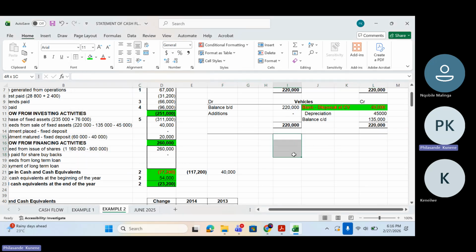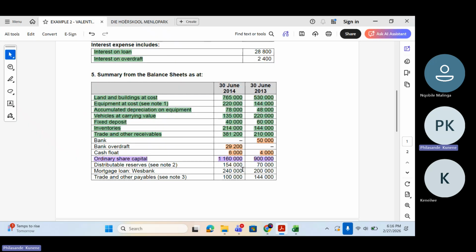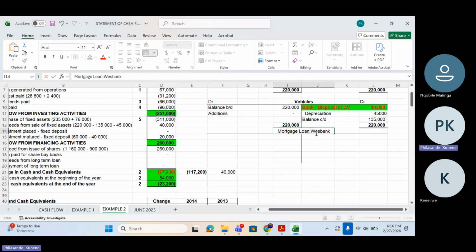Very important, guys, that we are able to do the T account. T accounts are the ones that are going to save us here. Okay, so this one is going to be a mortgage loan, as we can see from the information that is provided to us. Mortgage loan from WesBank. This is the mortgage loan that we have from WesBank.